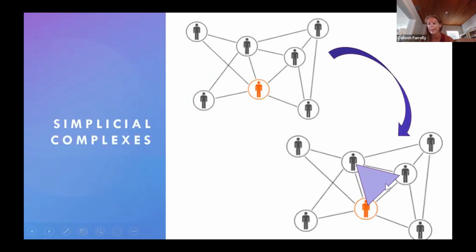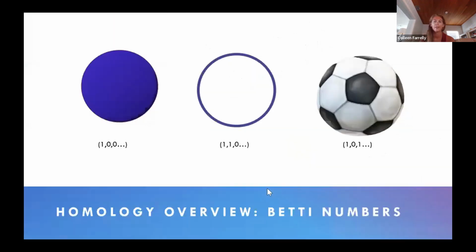However, if we look at a triangle of mutual connections, we now have a higher dimensional view of our data.